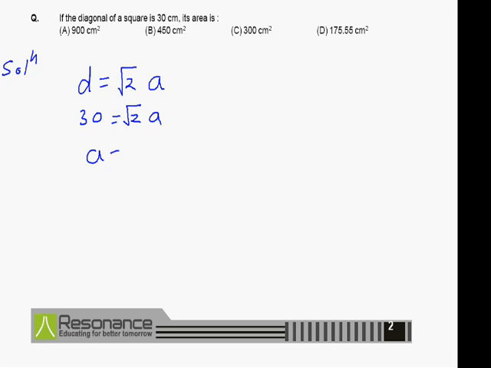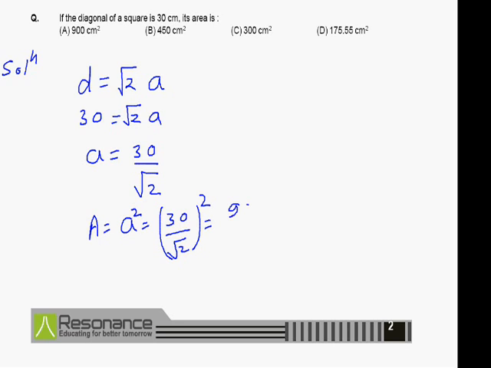From this we find the side, that is 30 upon root 2. The area of a square is side square, that is 30 upon root 2 the whole square. 30 square is 900, root 2 square is 2, so it comes to 450 centimeter square. So according to the options, option B is correct.